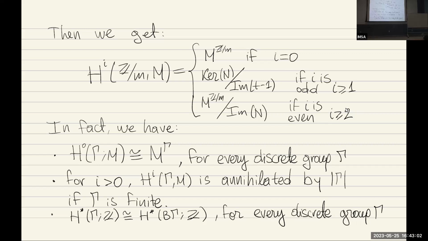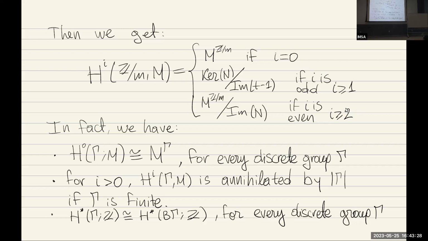In fact, we have also that the zeroth group cohomology is just the module of gamma invariants for every discrete group, and in positive degrees, the group cohomology is annihilated by the order of gamma if gamma is finite.